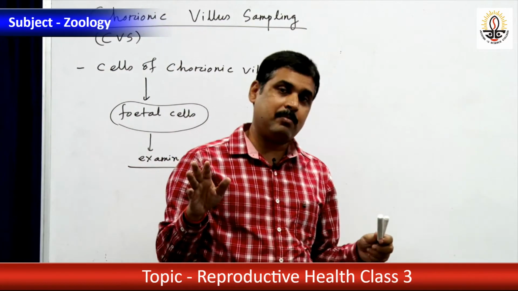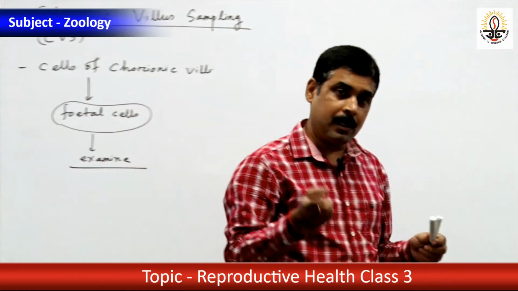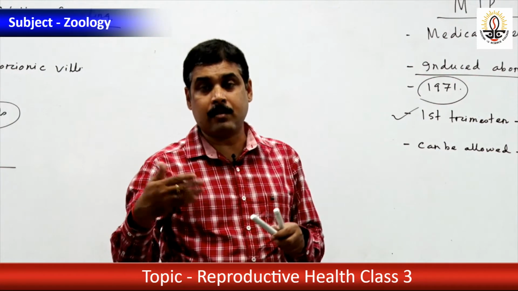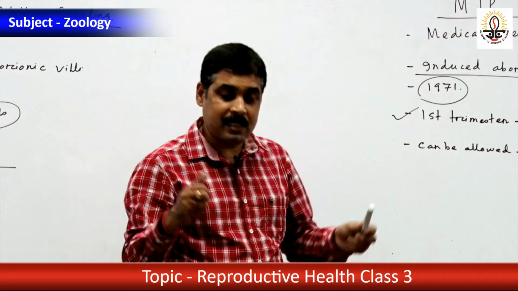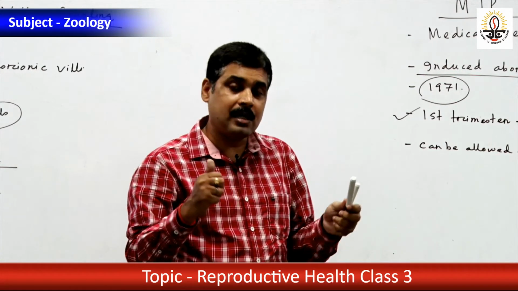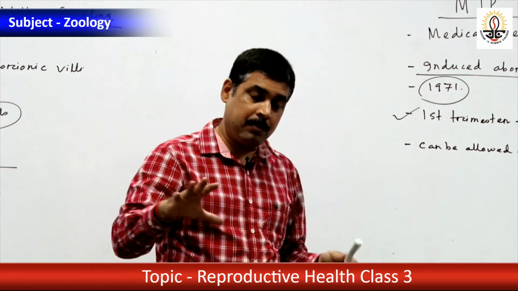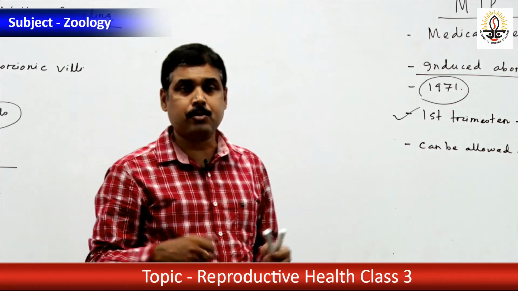At the initial stage, if MTP is carried out, it will be less risky for the mother than in the advanced stage. That is why it is not allowed after 28 weeks. Placenta is intimately associated, so if it is induced, if it is aborted, then that may cause uterine injury.